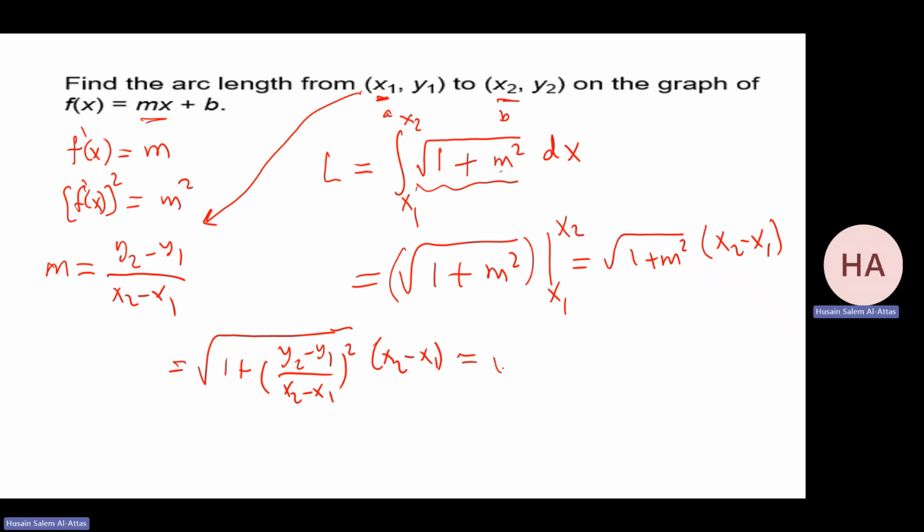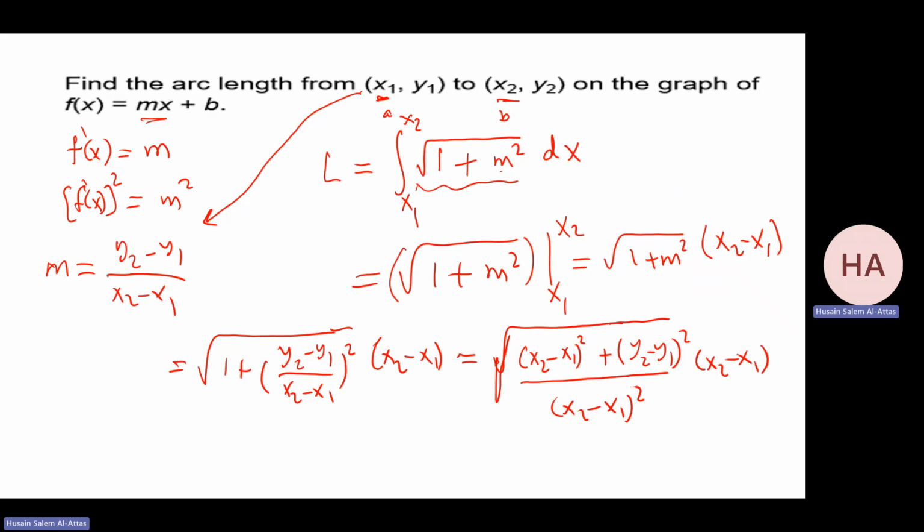That gives me the square root of ((x2 minus x1) squared plus (y2 minus y1) squared), all over (x2 minus x1) squared, times x2 minus x1. For sure, I have x2 more than x1.